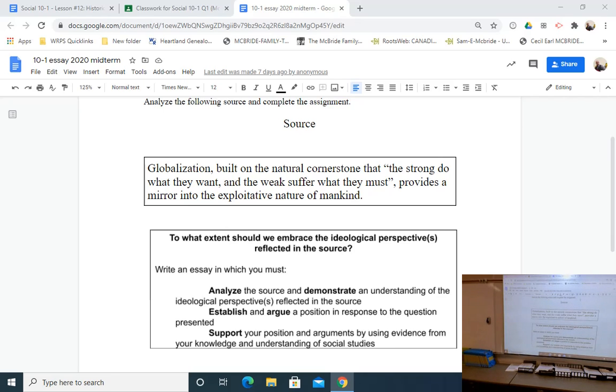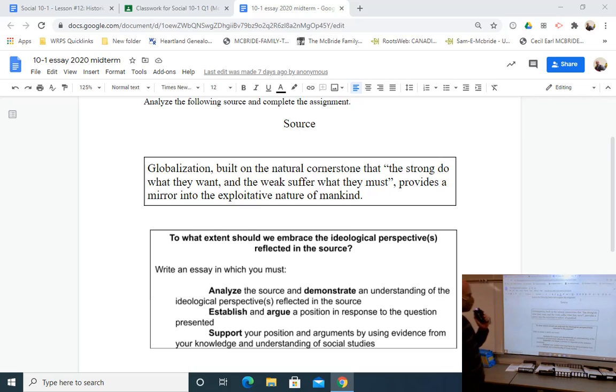We've already talked about this source, but I want to review that in the analysis of source, there's room to define what globalization is, but also room to explore what cornerstones are, both in architecture and for society: political, economic, societal cornerstones.